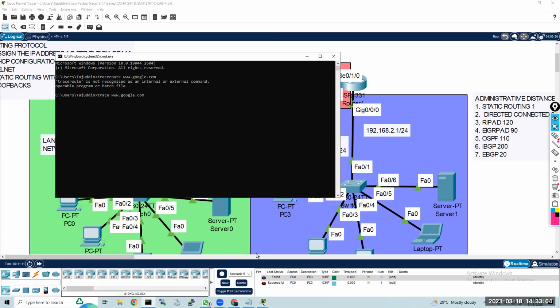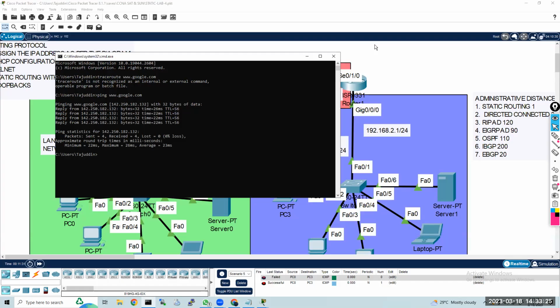First, it goes from your PC to the switch, then to the router. Then I want to ping for the real. I can ping Google, right? Yes. Okay, I'm getting a reply. Means I do have the connectivity because it is connected to the internet. All my PCs are connected to the internet.